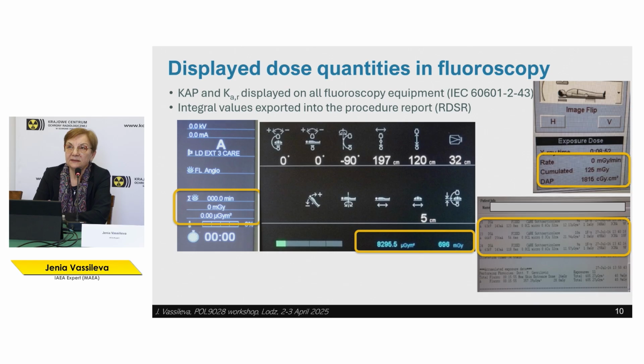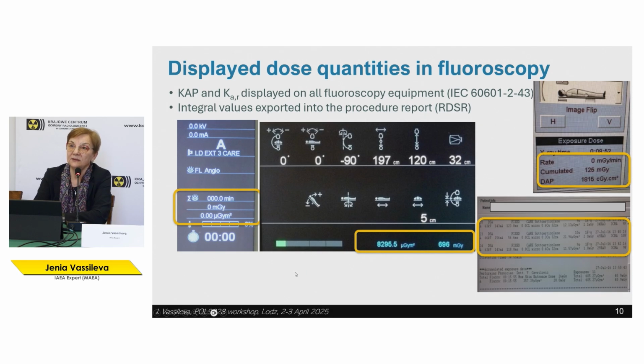So DAP and reference air kerma should be displayed on all fluoroscopy equipment. Integrated values at the end of the procedure should be exported into the procedure report, the radiation dose structured report. So they are usually displayed in the room.